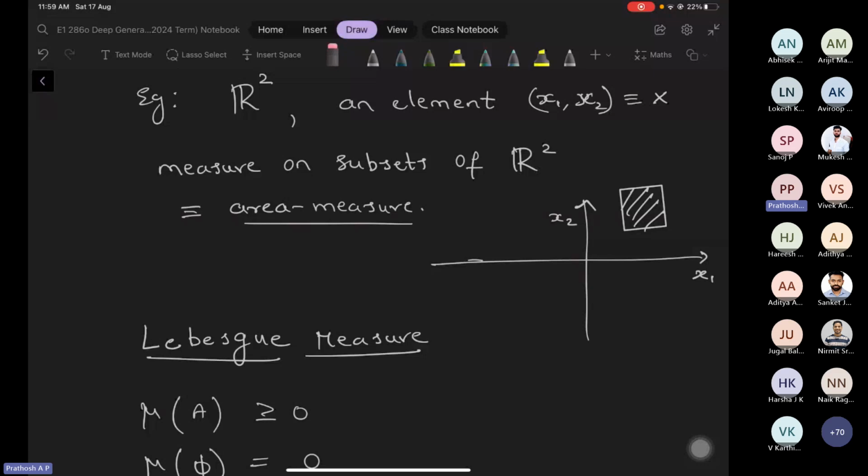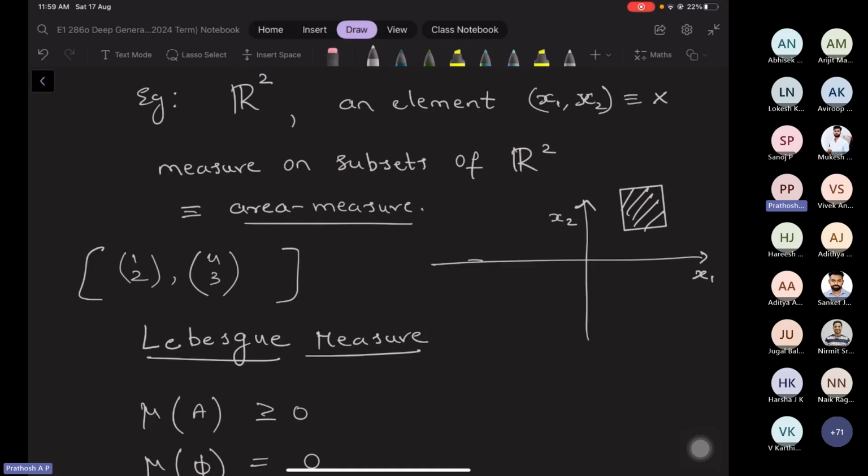So it's like this. Okay, let me write it down. So this particular set, 1 point comma 2, this thing is 1 point comma 4, 3.